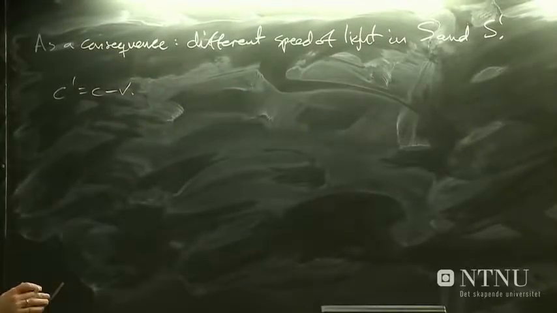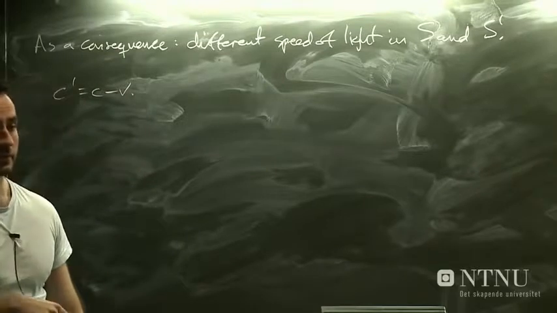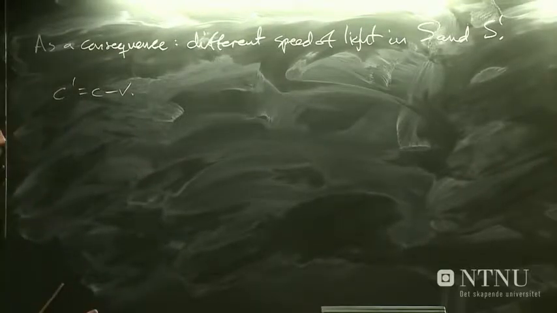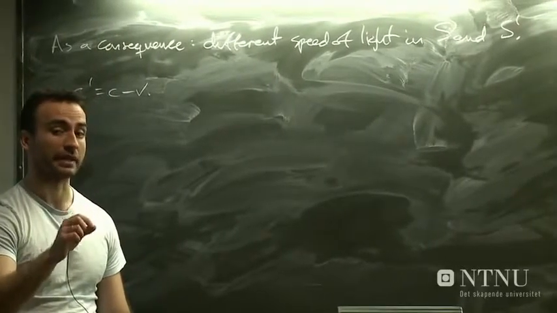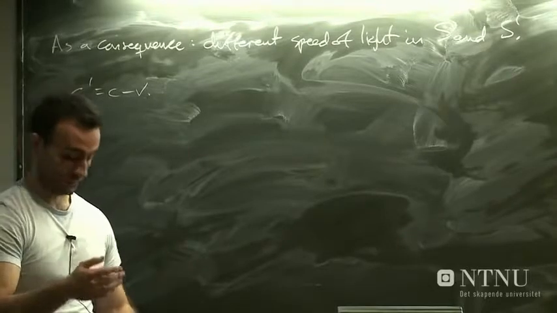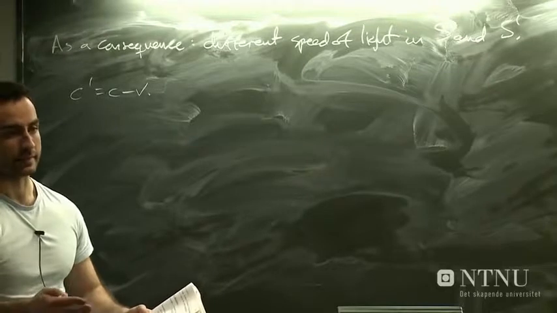As a consequence, two observers placed in S and S prime respectively should measure different speeds of light. Namely, the observer in the prime system should measure c prime equals c minus the velocity at which S prime moves relative to S.